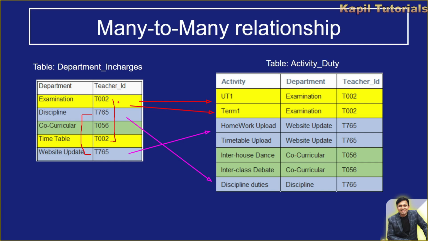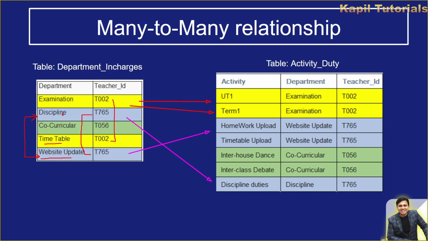T002, that teacher is particularly the head of the examination department. Even that teacher is head of timetable, creating the timetable also. Another, suppose IT teacher. Suppose I am an IT teacher. I have to update the website. My duty is to update the website and then to see the discipline also. So the ID is the same and the ID is repeating two times in a table. So I can't set this as a primary key.